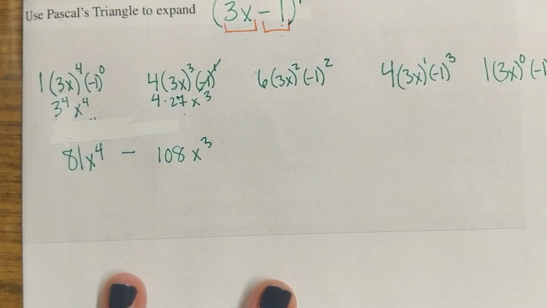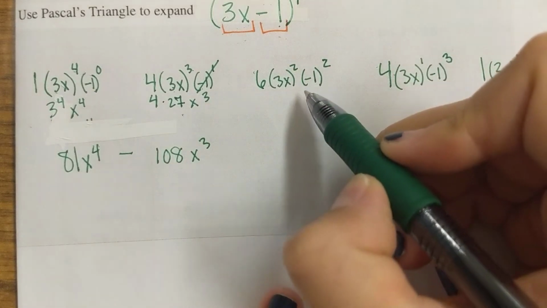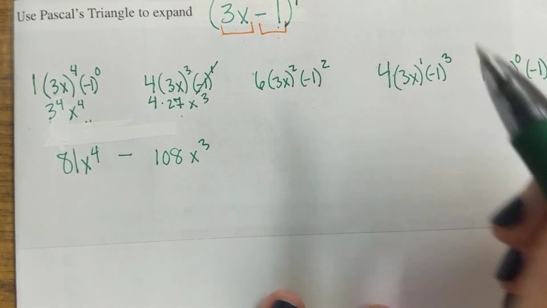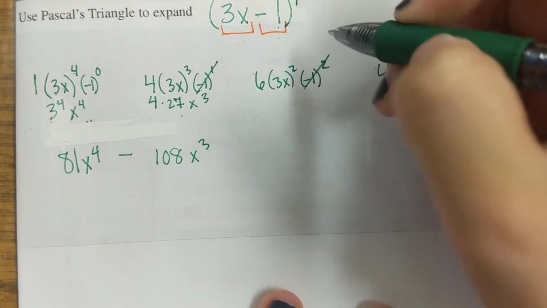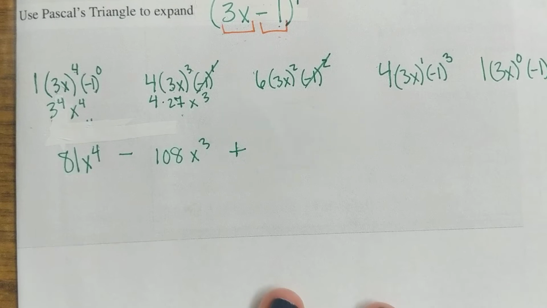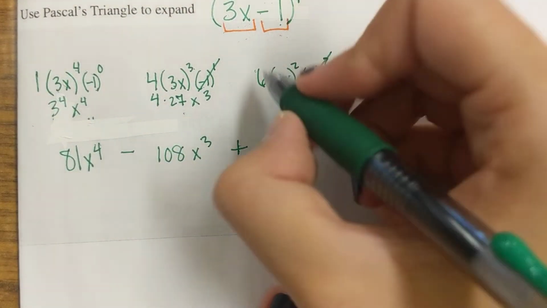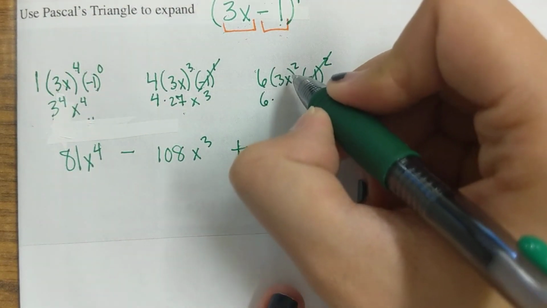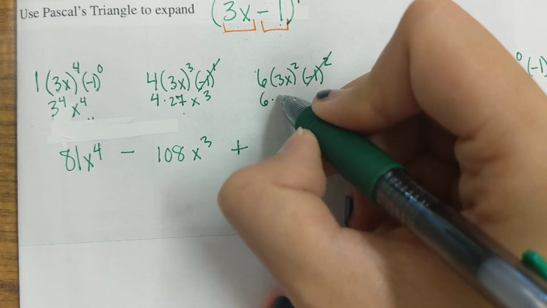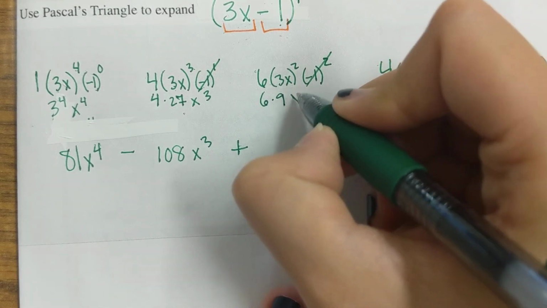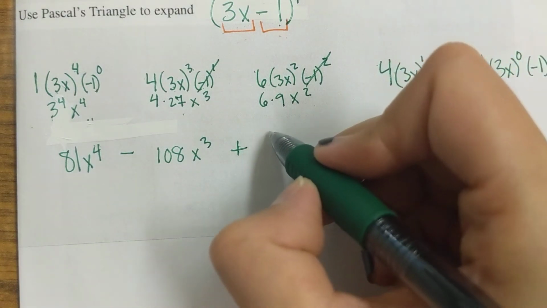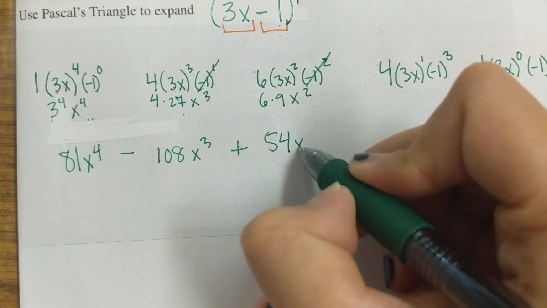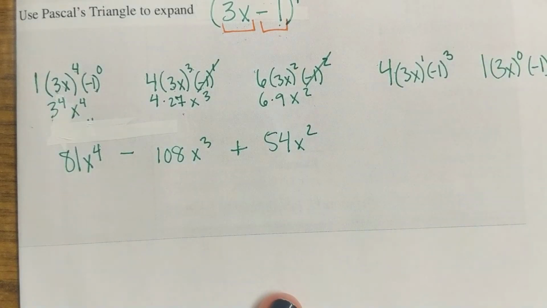Then we have 3 to the power. Okay, checking this negative 1 to the power of 2. That becomes positive 1. So now I have a plus here. This should be 6 times 3 squared, which is 9. And then x should also be squared. 54 x squared.